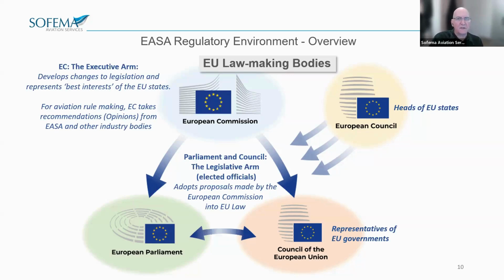And the European Commission, which represents the interest of the EU as a whole. The European Council defines the general political direction and the priorities of the EU, but it does not exercise any legislative functions. Generally, it's the European Commission that proposes and develops new laws, including aviation laws, and it's the European Parliament and European Council that adopt them into law.